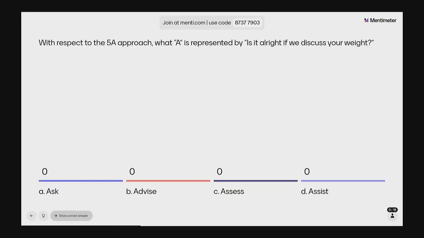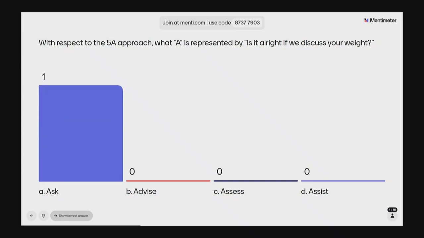So with respect to the 5A approach, what A is represented by, is it all right if we discuss your weight? So if you remember, we talked about the guidelines to support treatment of obesity by Obesity Canada. And ASK was the first one of the 5As.